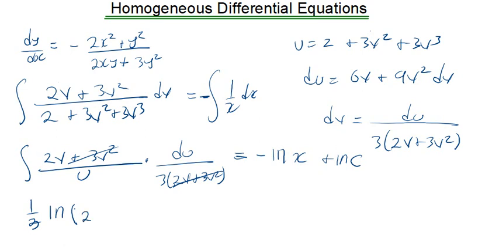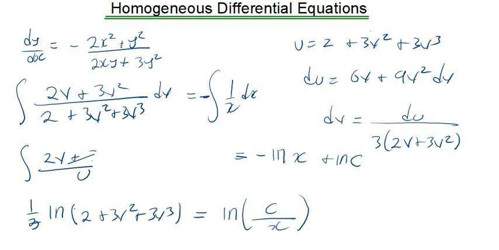My u is 2 plus 3v squared plus 3v to the power 3, which is equal to, here you know how we do with natural logs, that would be your ln of c over x, like that. Okay, we have simplified that part, and we observe that the logs are going to go for that part.